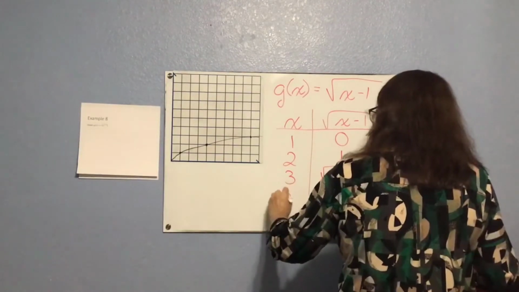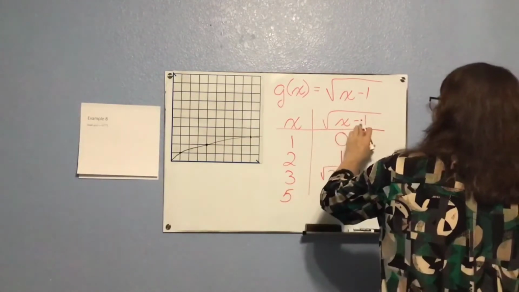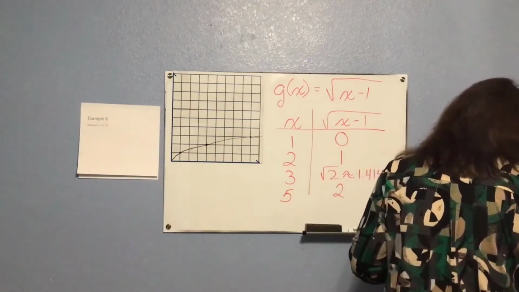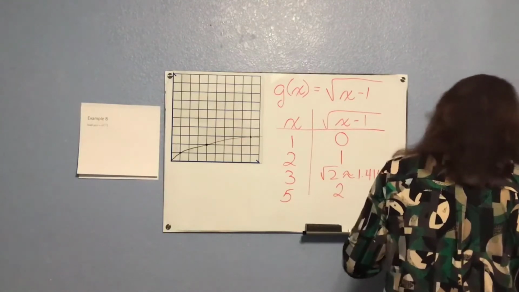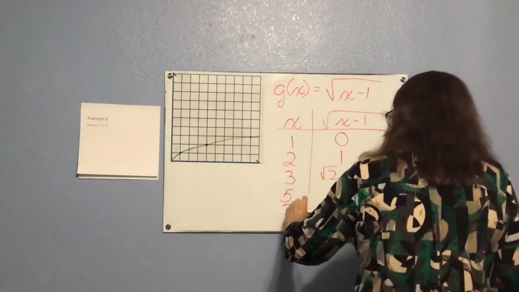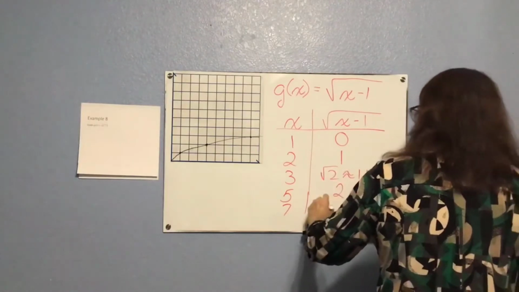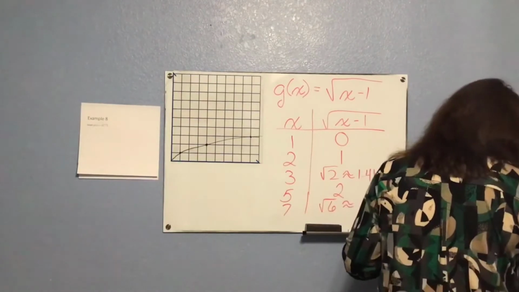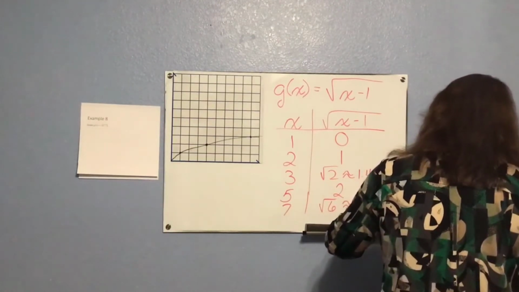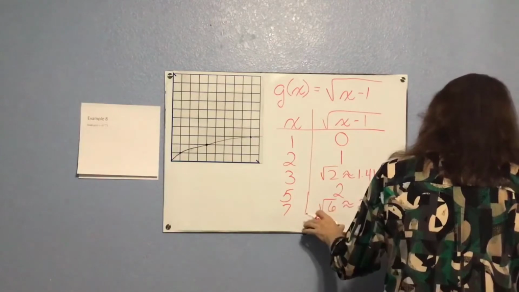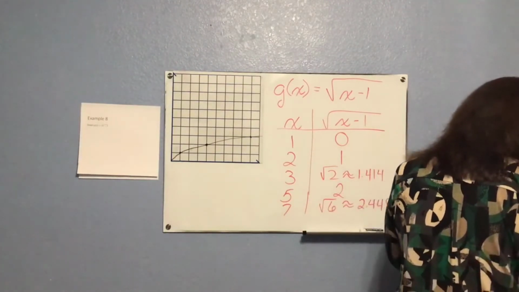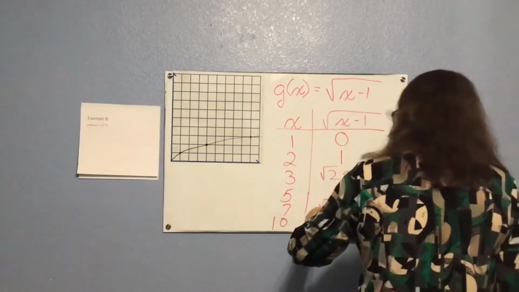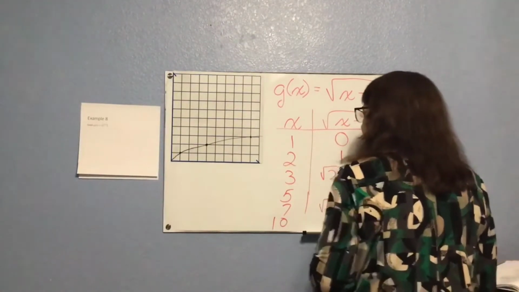And we're going to skip 4 and do 5. If x is 5, then I'd have 4, and the square root of 4 is 2. And then if x is 7, I would have the square root of 6, which is approximately 2.449. And we'll do one more. If x is 10, I'd have the square root of 9, so that value would be 3.